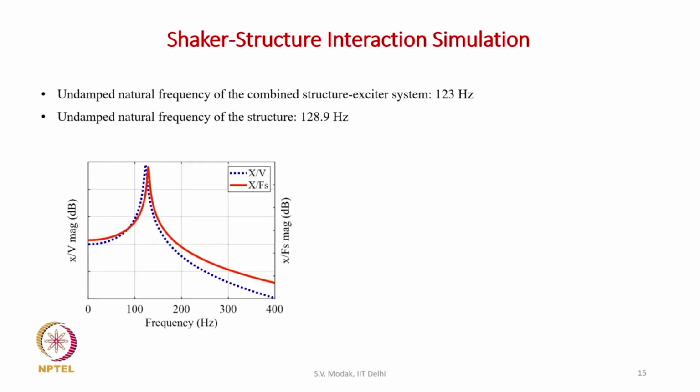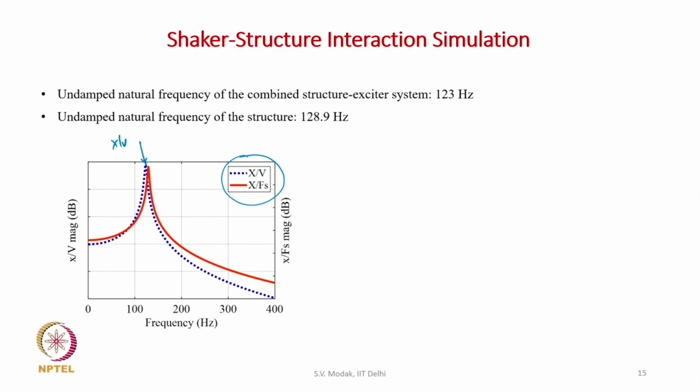Now, if we determine the FRFs x upon V and x upon Fs, you can see they are shown here, and they are overlaid in this figure. The peak in the FRF x upon V is at 123 Hertz.